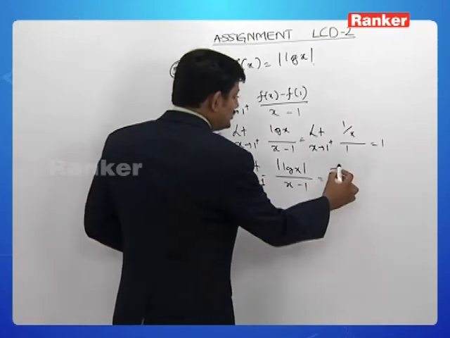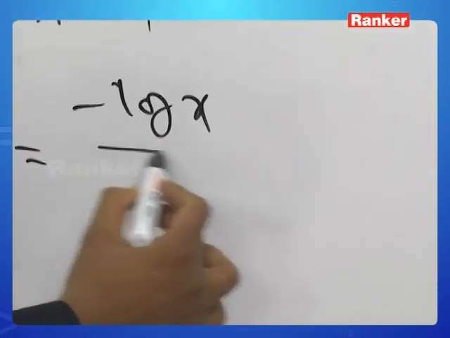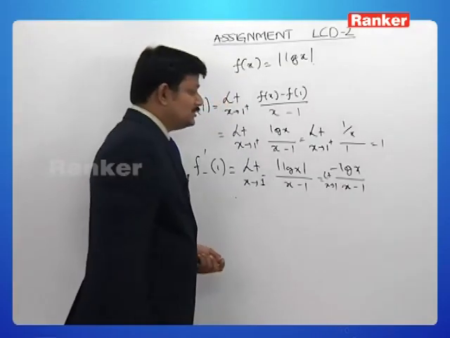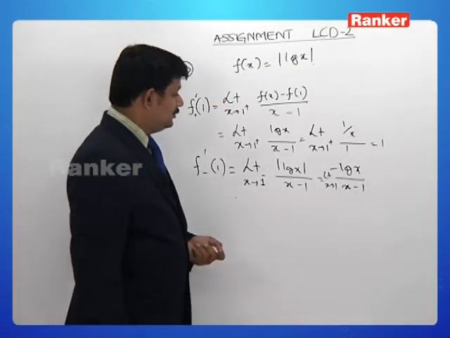So mod log x is minus log x, divided by x minus 1, limit x tending to 1. This is again a 0 by 0 form. We can apply L'Hospital rule.